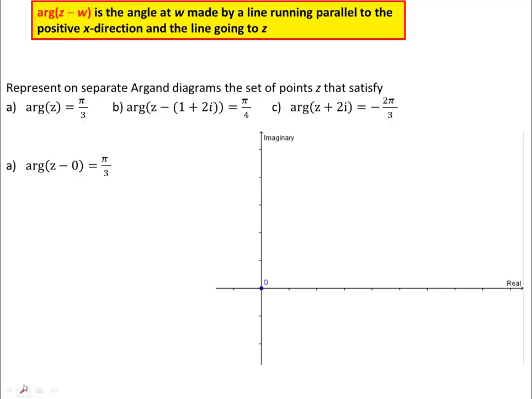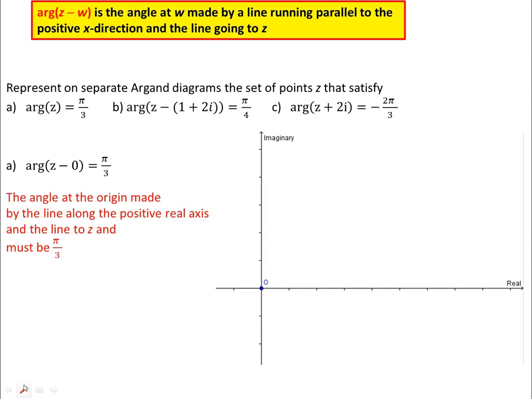So, we've got a series of argument loci to consider here. The first one is we've got to do the argument of z is pi by 3. In other words, the argument of z minus 0 equals pi by 3. So that means we've got the angle at 0 made by the line along the positive real axis and the line going to z must be pi by 3.